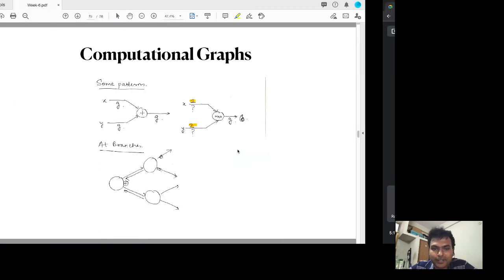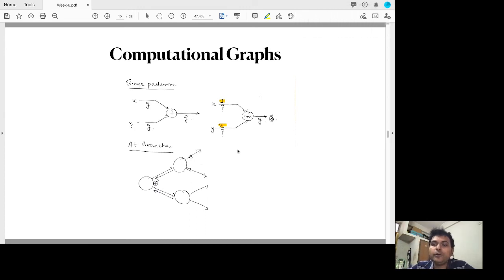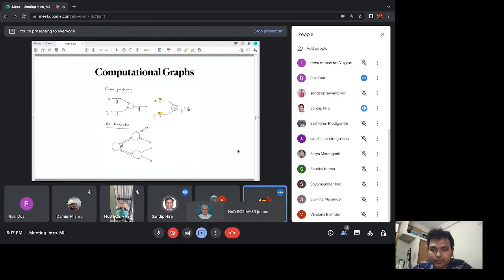Think of this particular graph in the form of who affects my output variable. My output variable here is q. So who is affecting my output variable? In this case, there is x and there is y.